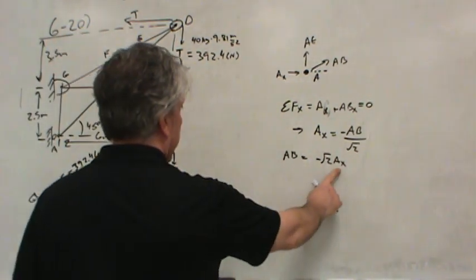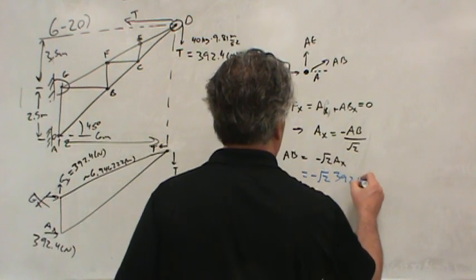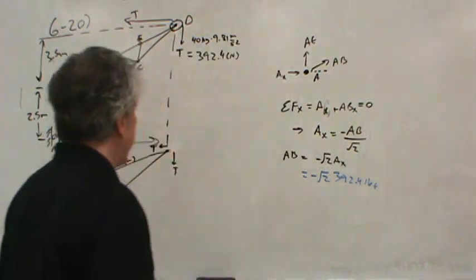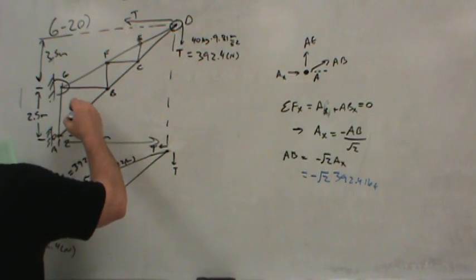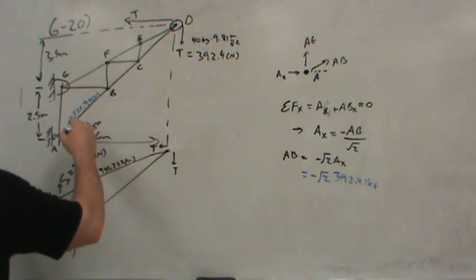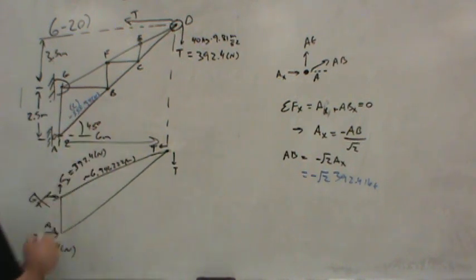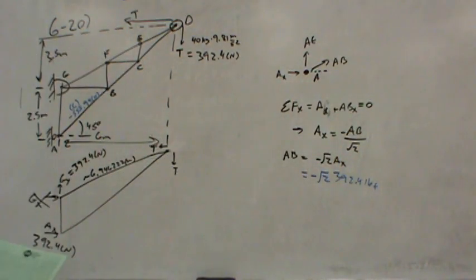So we're plugging in negative root 2 times 392.4, and that comes out to negative 555.94 newtons. And note that this must be compression, because I assumed tension. I got the opposite, I got a negative, and therefore it is compression.